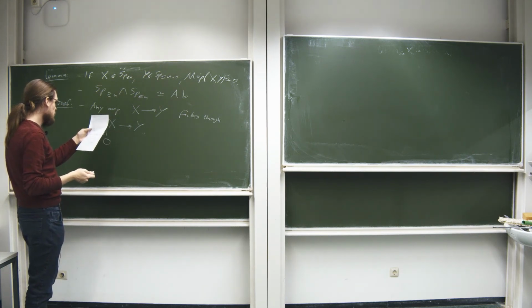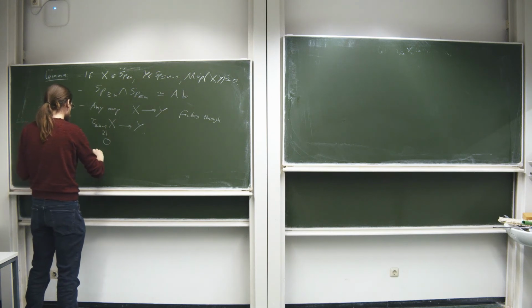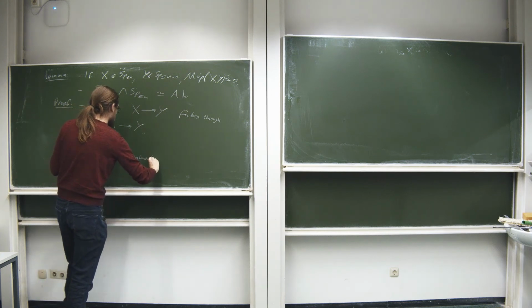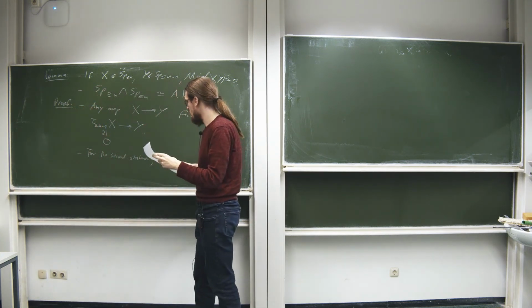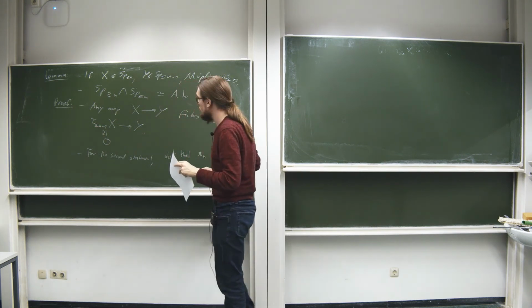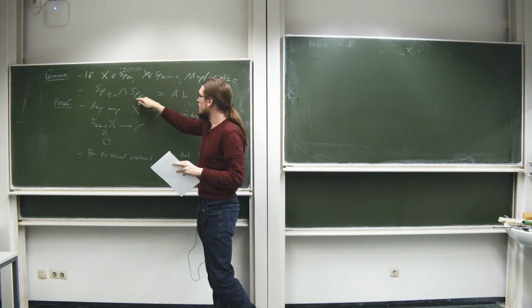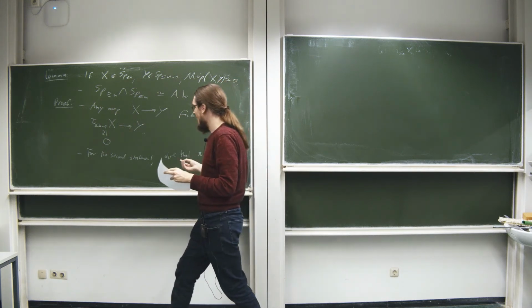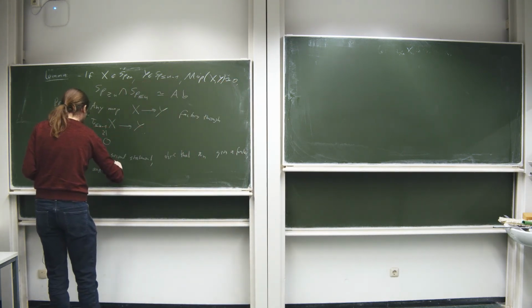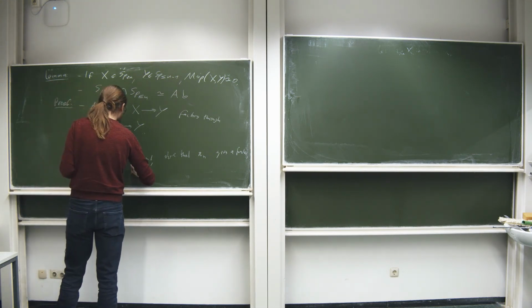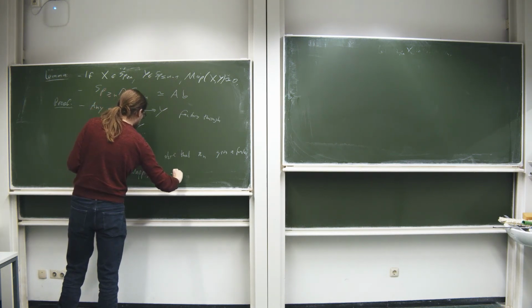For the other statement, we observe that pi n gives a functor and that mapping spaces are discrete.